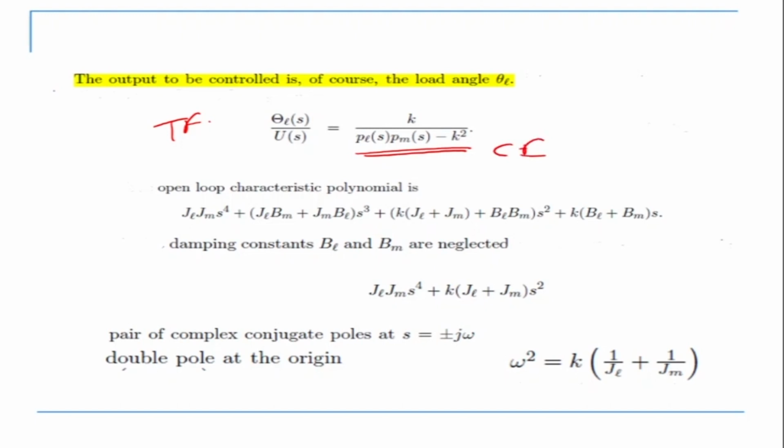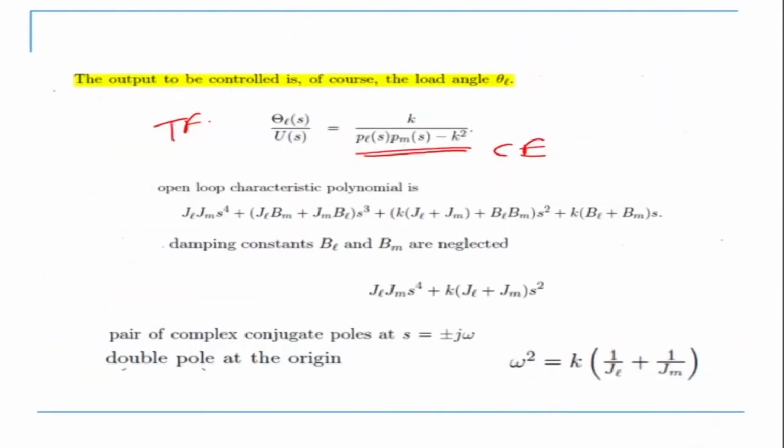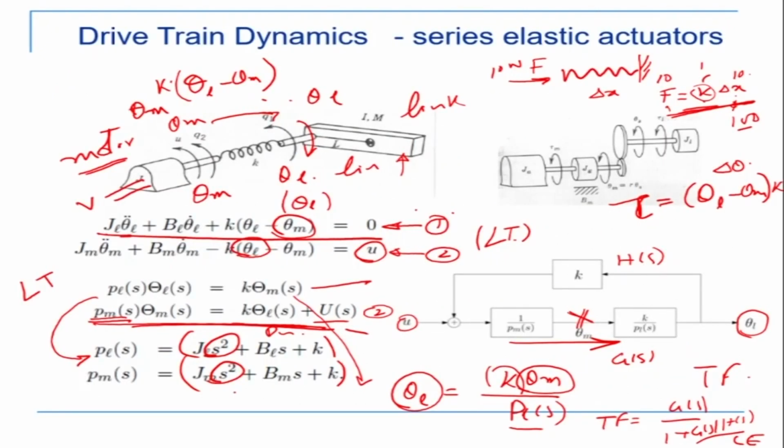So the stability of the system will depend on the roots of that equation. Now please note that P_L into P_M. If you just go back and see, P_L is s squared, P_M is s squared. So P_L into P_M becomes s raised to 4. So we are getting s raised to 4. It's just a question of multiplying this into that, P_L into P_M.